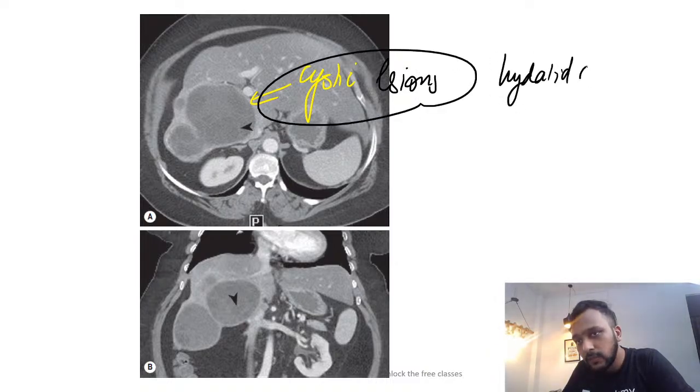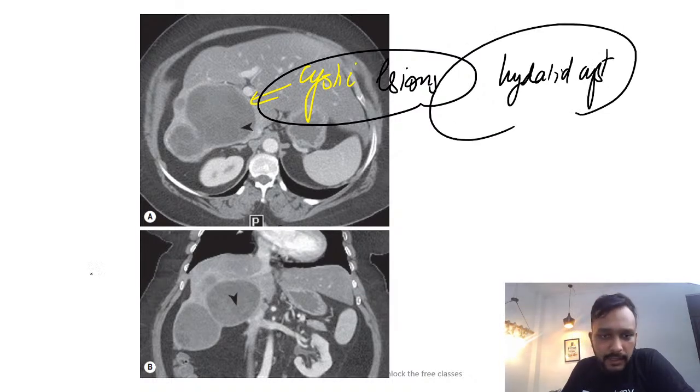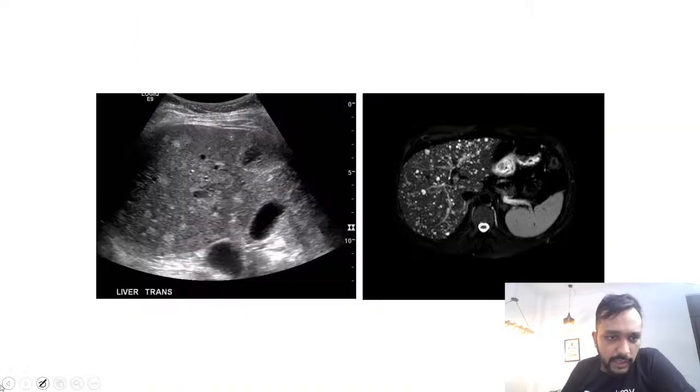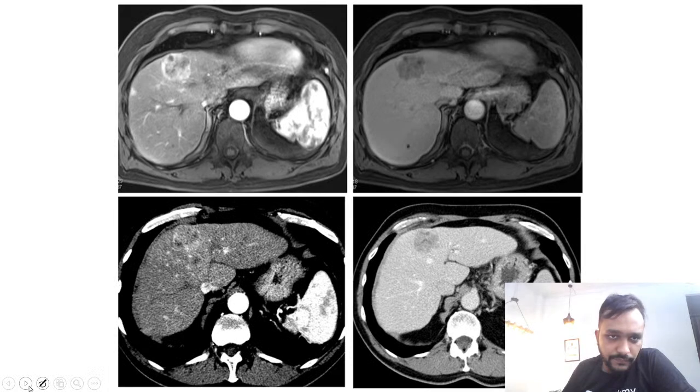This is again a case of hydatid cyst of the liver. Multilocular cystic lesion, guys, you are going to think of a case of hydatid cyst of the liver.